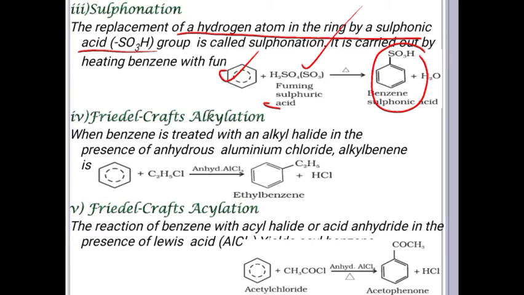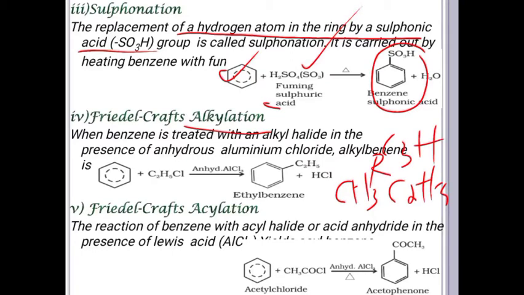Next one is Friedel-Crafts alkylation. Alkyl group means R group, that is either CH3, C2H5, C3H7. These are alkyl groups.